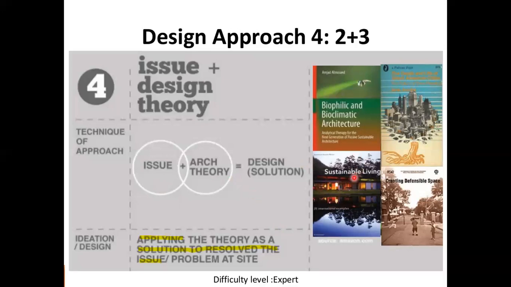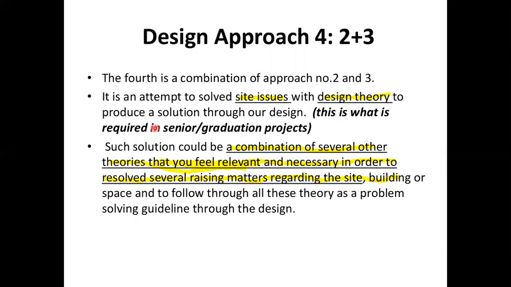This sustainable design is one of the architectural design theories of significant architects, and it is very much in practice today. So the fourth one is the combination of two and three, amalgamating the second and third approaches.